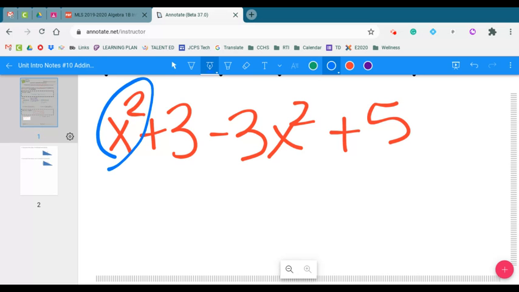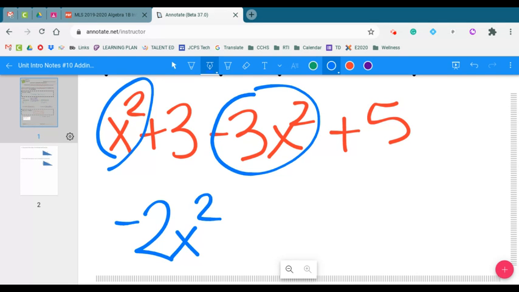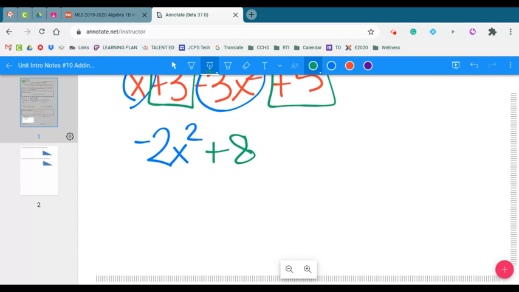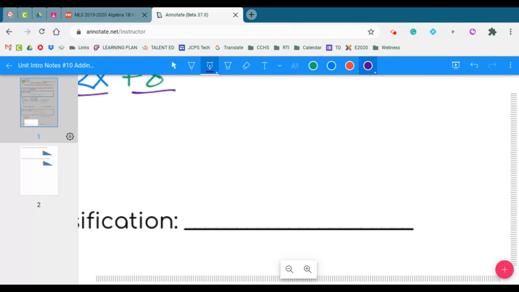So I have x squared and negative 3x squared. That's going to give me negative 2x squared. And then I have a positive 3 and a positive 5, and that's going to give me a positive 8. So classification, I have 2 terms.